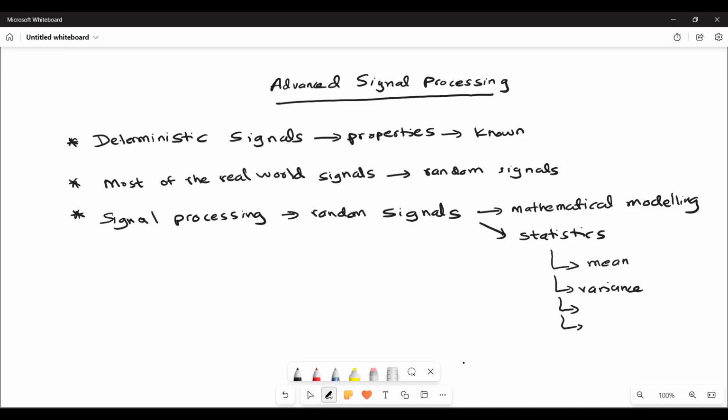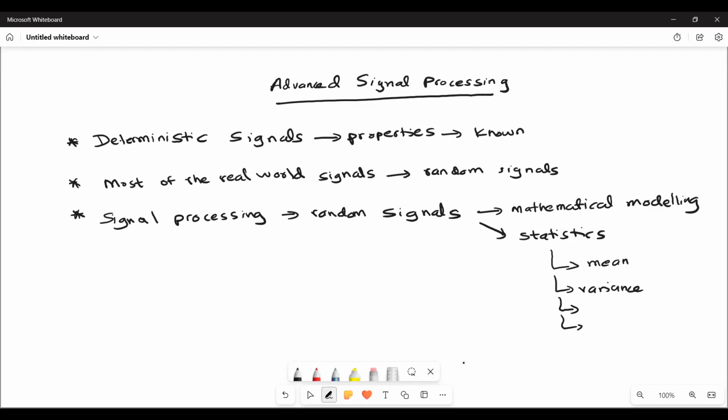We also have other statistics that are extremely important not only in signal processing but also in other areas such as machine learning, which is a very trending field.